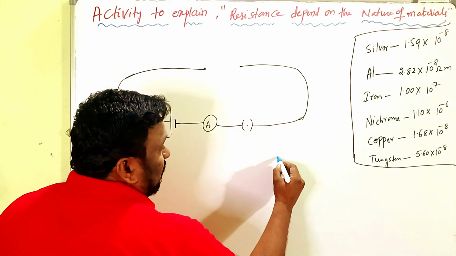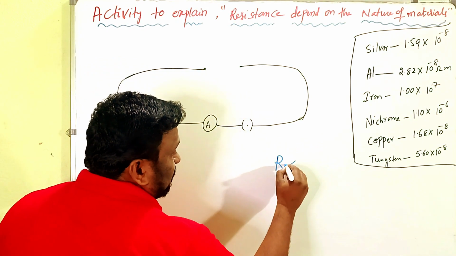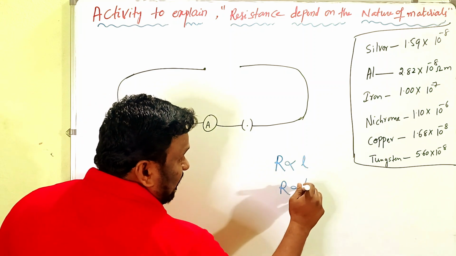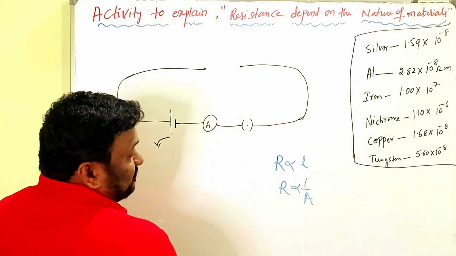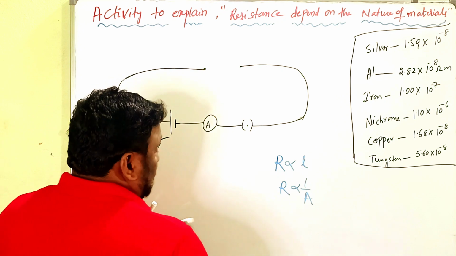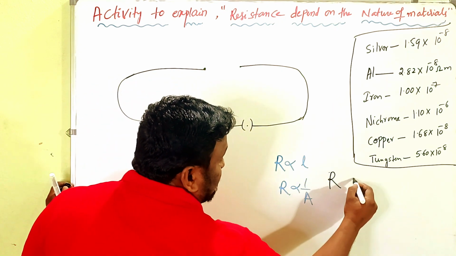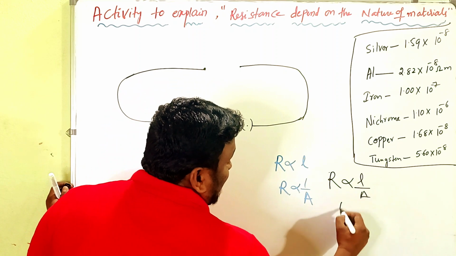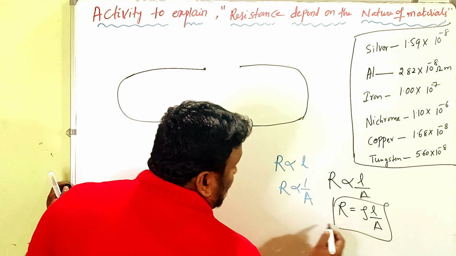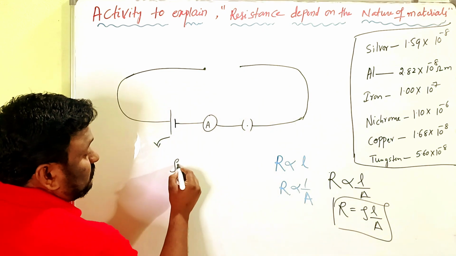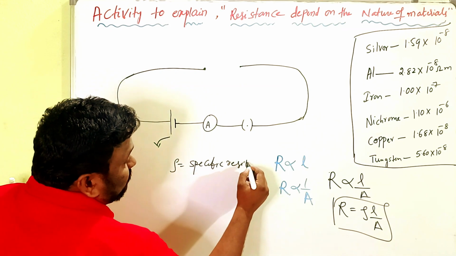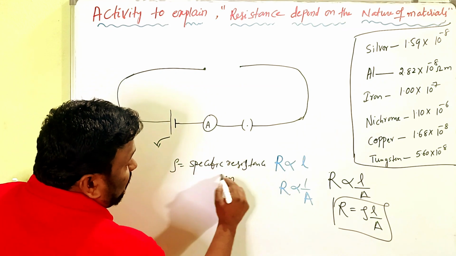Resistance is directly proportional to the length and inversely proportional to the area of cross section. R is proportional to 1 by A and R is proportional to L. From those two, R is proportional to L by A, and R equals rho into L by A, where rho is called specific resistance or resistivity.